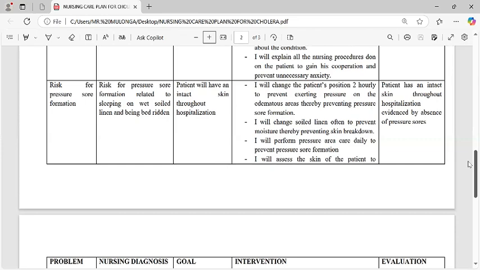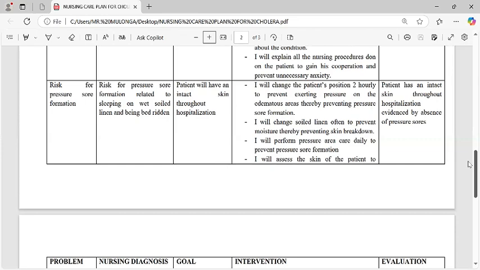Then from there, we go to the goals. So the goal is patient will have an intact skin throughout hospitalization. From there, we move to our interventions. Our intervention, number 1, I will change the patient's position hourly to prevent exerting pressure on the bony areas, thereby preventing pressure sore formation.